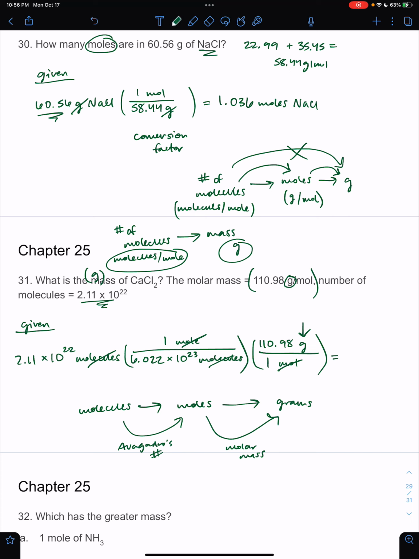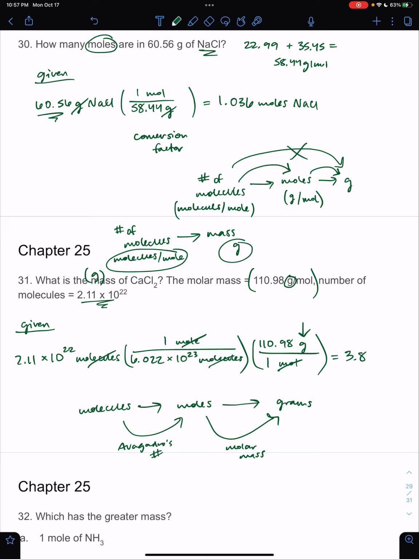Okay, so now all we have to do is go through and multiply. So 2.11 times 10 to the 22nd times 1 over 6.022 times 10 to the 23rd times 110.98 over 1. That gives me 3.8. Let me see the sig figs.